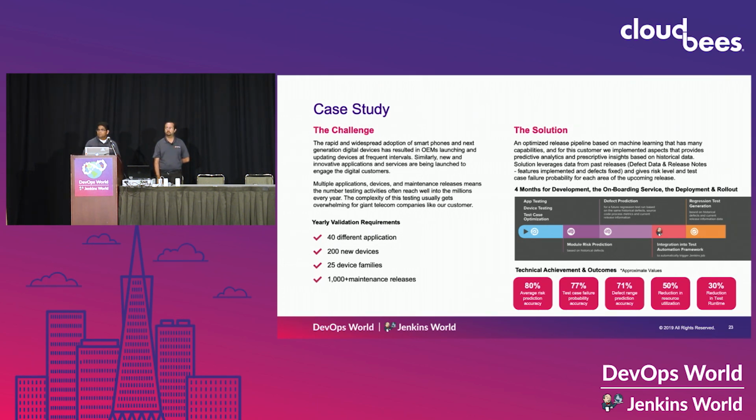How does the feedback loop work if there are tests that you aren't running because they're deemed low risk, and then they result in a failure in production? The idea is that you don't run tests that always pass. Correct. If you're not running those tests and something fails, how does the feedback loop get back into the model? Your logs are going to get recorded, so you are reading those logs.